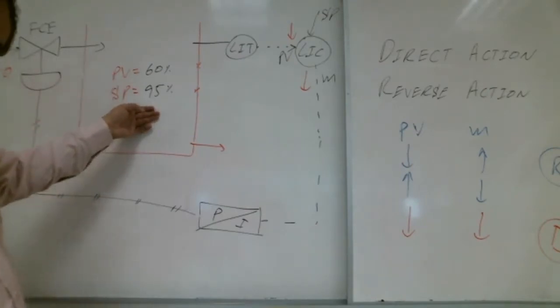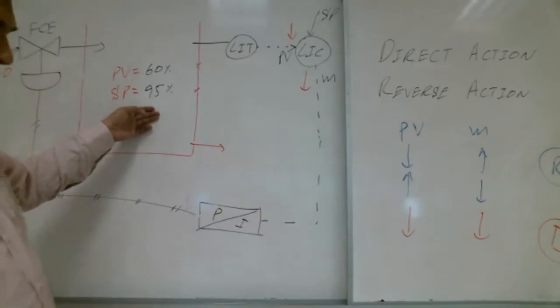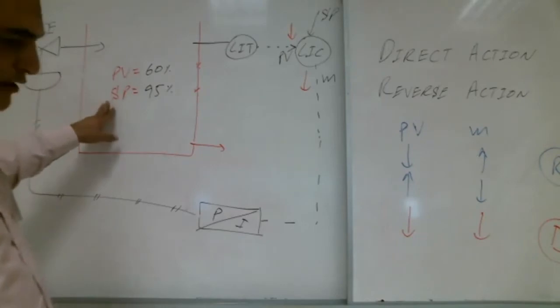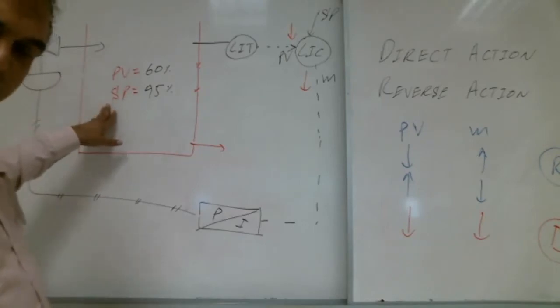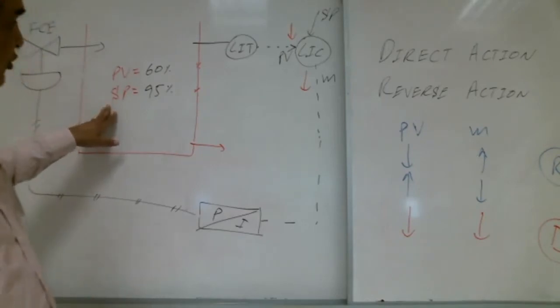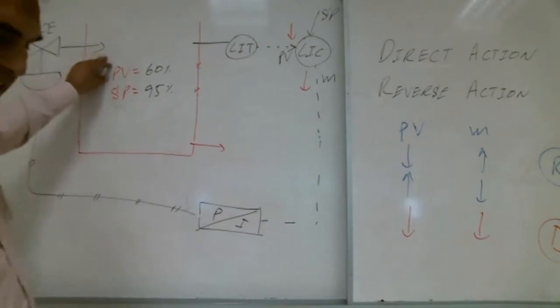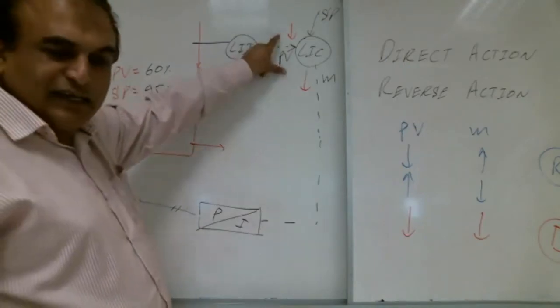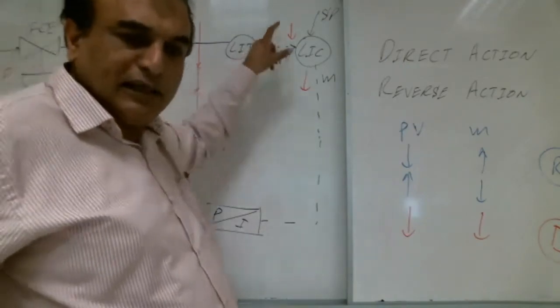So you focus on SP, not the PV. The PV you want to bring equal to SP, right? So right now your PV is less than needed. That's why I put the arrowhead down. Right? Fine.